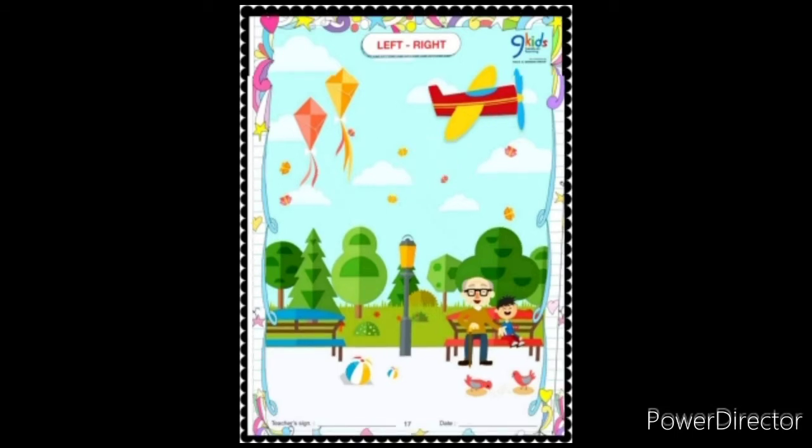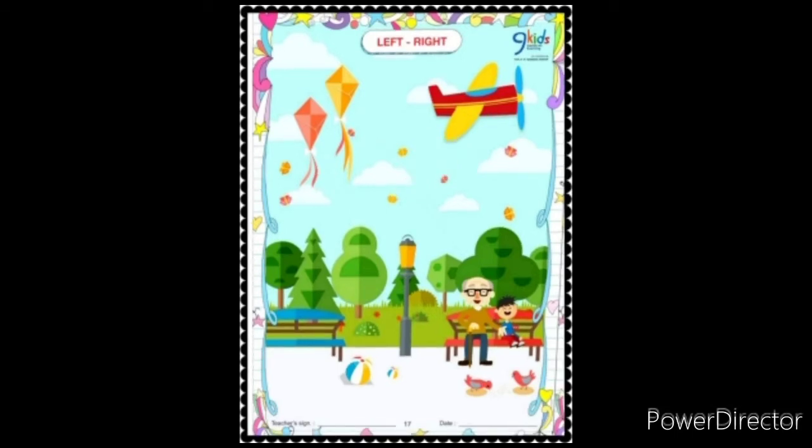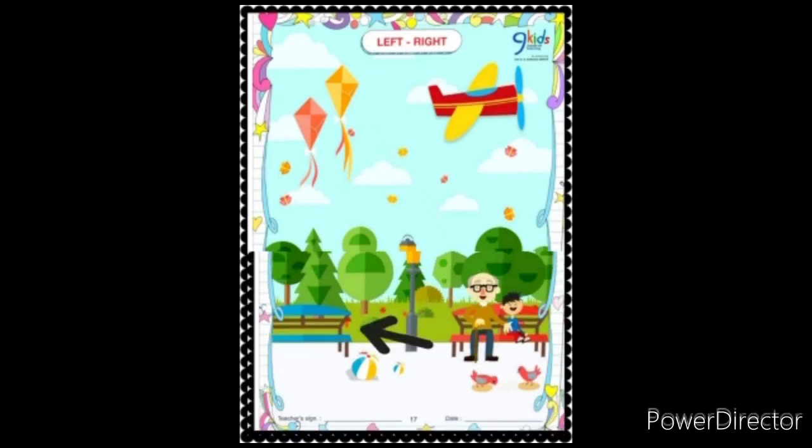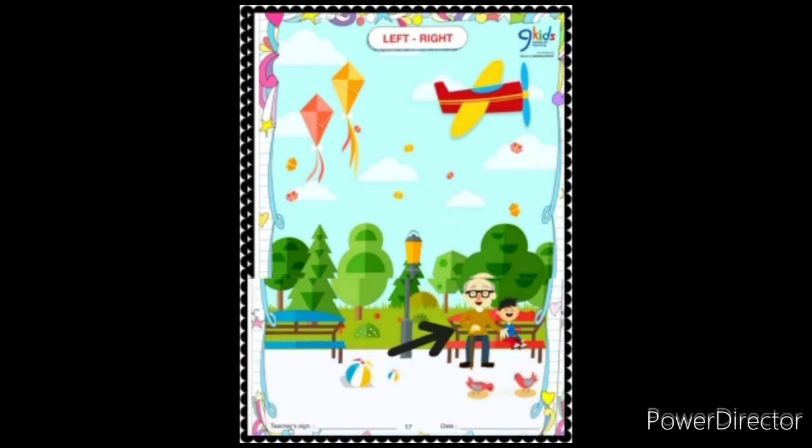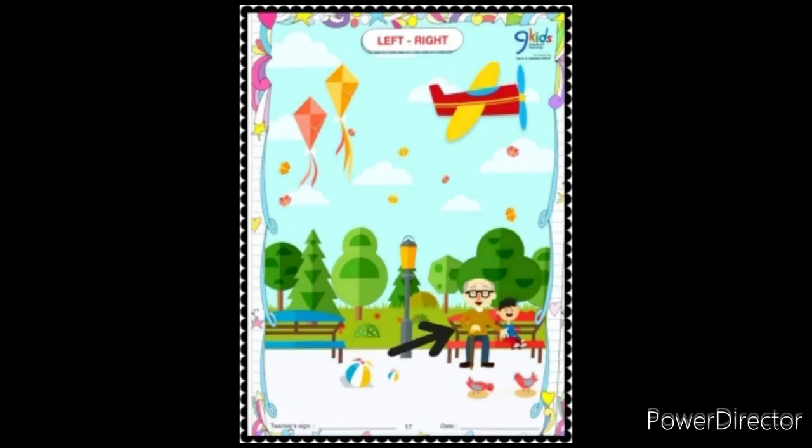Zoom. See children, an empty bench on the left side and on the right side you can see grandfather and grandson sitting on the bench.